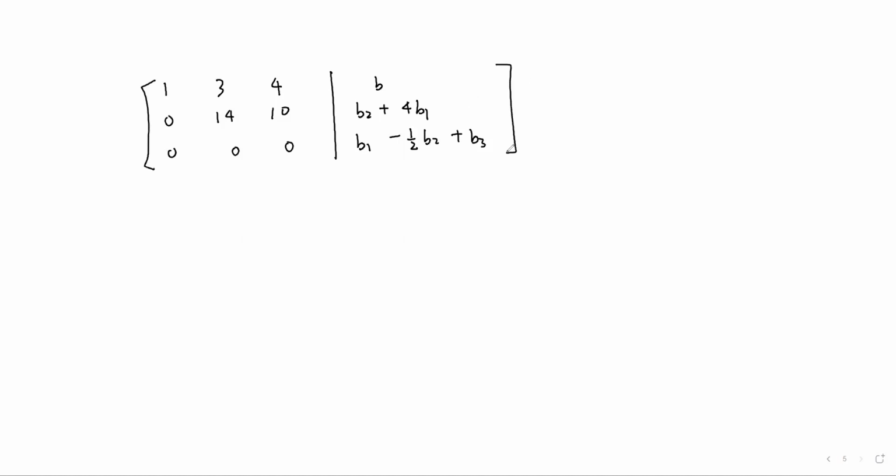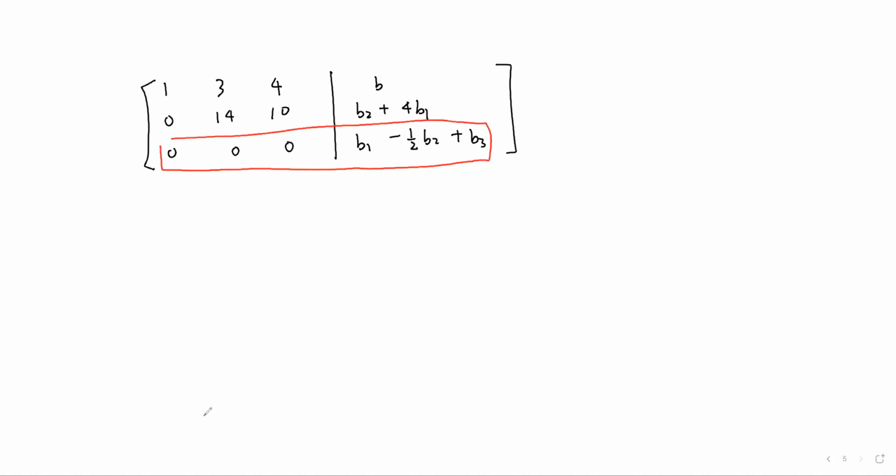Okay, now I can answer whether or not the linear system is consistent for arbitrary B1, B2, and B3. Look at the bottom non-zero row. Whenever one entry in the row is non-zero, then that row is considered non-zero.